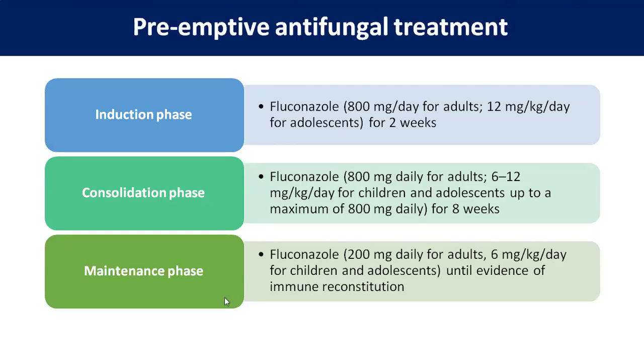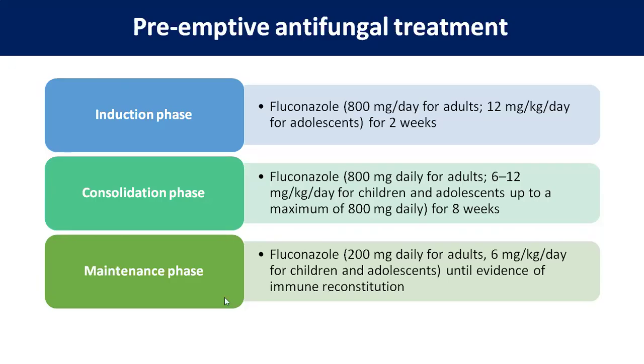This preemptive treatment is divided into induction phase, consolidation phase, and maintenance phase. In the induction phase, what should you do? It is fluconazole 800 mg per day for 2 weeks. In the consolidation phase, 800 mg of fluconazole every day for 8 weeks.